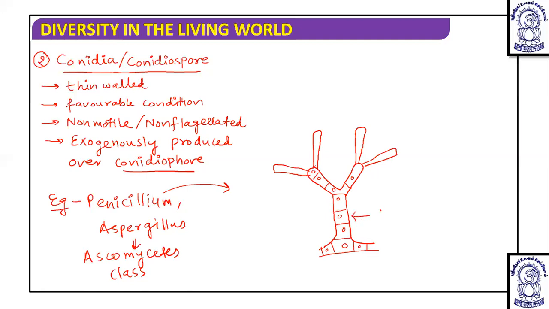So this is the stalk of this hyphae, known as the conidiophore. In the conidiophore, the primary branch develops here like this.